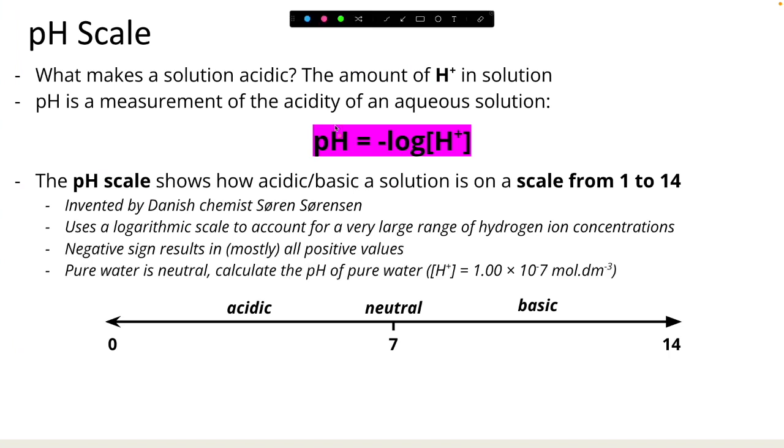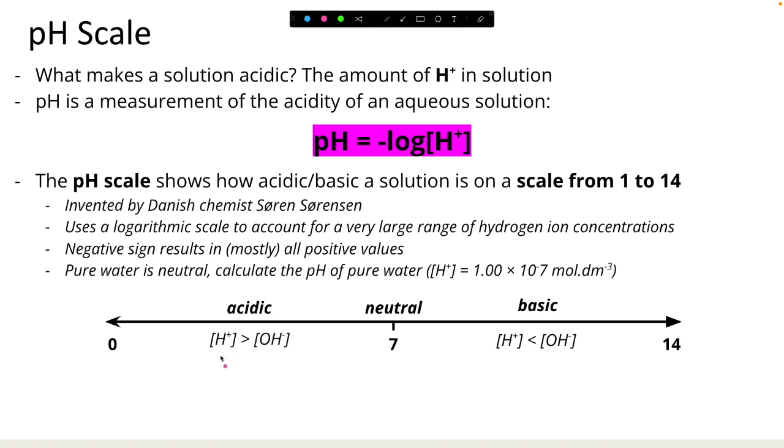Negative sign gives us mostly positive values for our pH, again because of those logarithm rules. Really, really acidic, high concentrations of acids, you can get negative values as well, so be aware of that. And our pure water is neutral, so that central point that we just calculated, 10 to the minus 7 moles per decimeter cubed, based on our pH scale, pops us in the middle at 7.